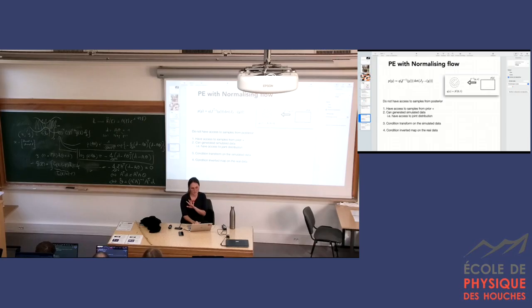You need to define this function, which is usually parameterized as some sort of network, and you need to define it by design such that it is a bijection. So you can invert it, and you can also differentiate this function and its inversion. And basically that's it. After you have trained it, you create a sample from the normal distribution, you condition it on the real data, and then you get the samples from your posterior.